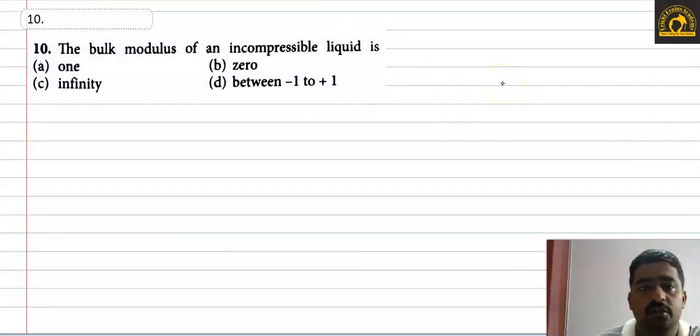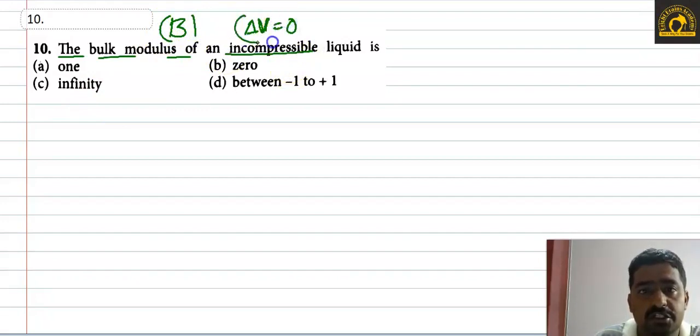What is the 10th one? The bulk modulus of the incompressible liquid. The bulk modulus is B. Incompressible means the change in the volume is equal to 0. Now let's see the solution.